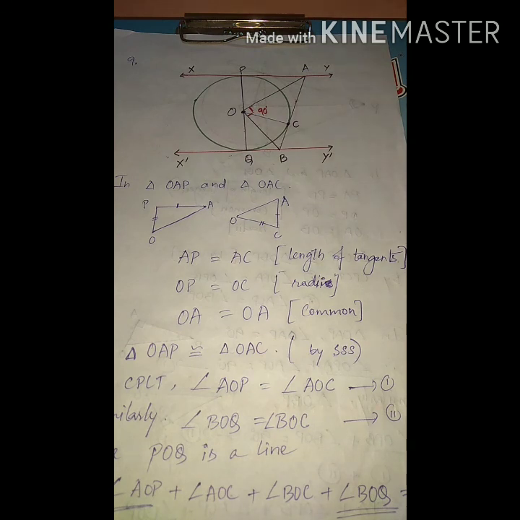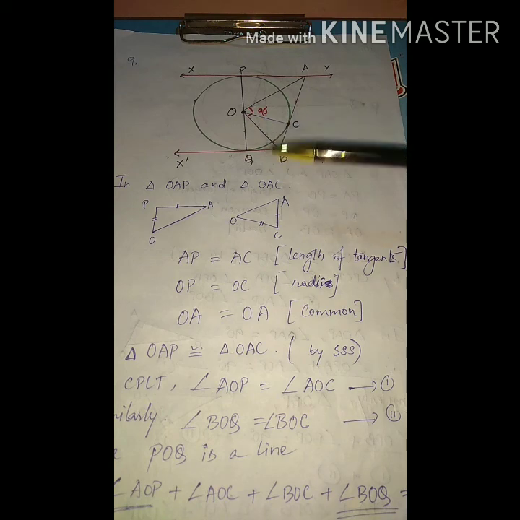Similarly, OP and OC are radii. And the last one is OA, OA. For both triangles OA is common, so we write OA equal to OA.